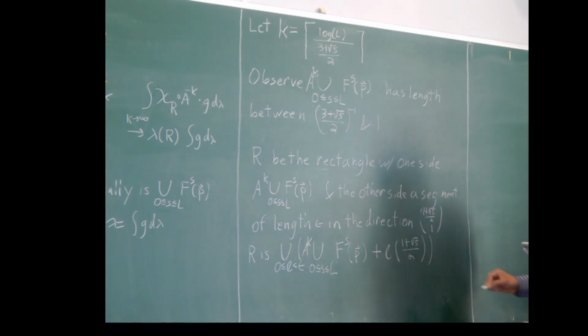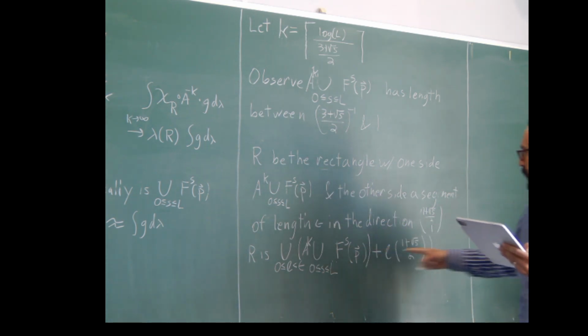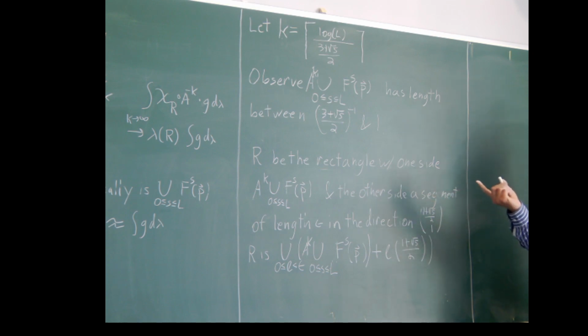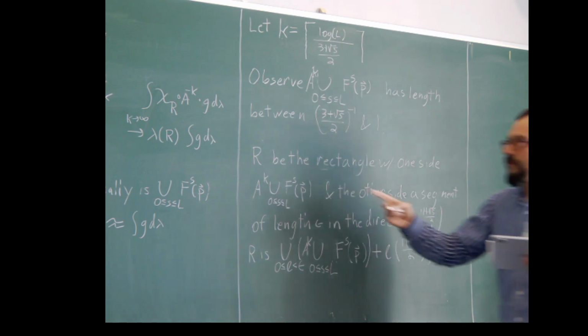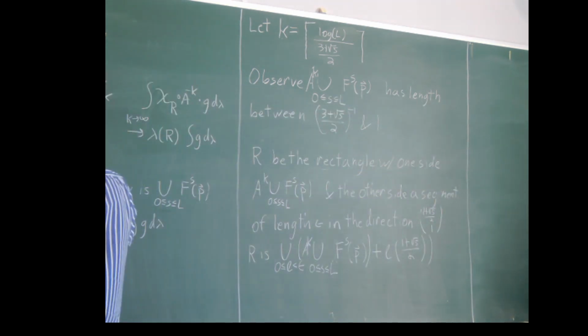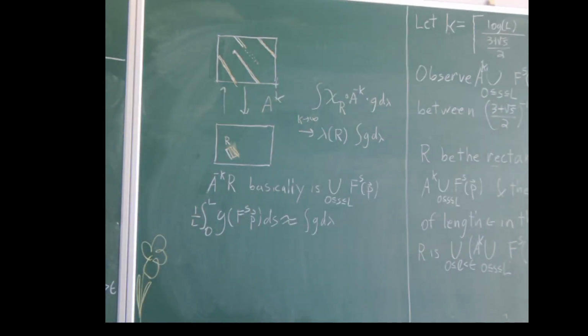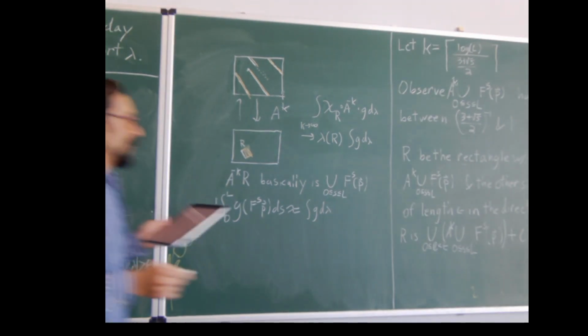Okay, so this is a double union. And I'm adding this piece and the other thing. And that's what R is, just in coordinates. But you should just say all I'm doing is I'm parametrizing these segments here, and I'm going to prove that each and every one of them is very close to this piece, and so their integral of G is going to be very close because G is 1-Lipschitz, as we've seen a bunch of times. Okay.